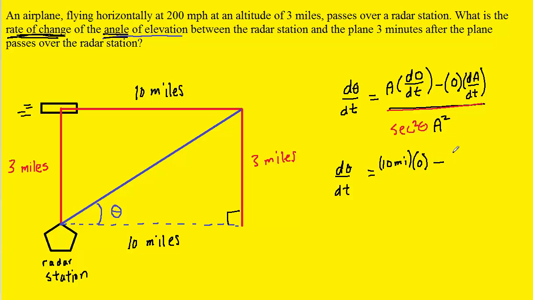So now we have minus O, which is the opposite side of 3 miles, and then multiplied by dA/dt. Now A was the adjacent side, so you have to ask yourself, what is the rate at which this side right here is changing? Now remember, that side is parallel to the side up here.